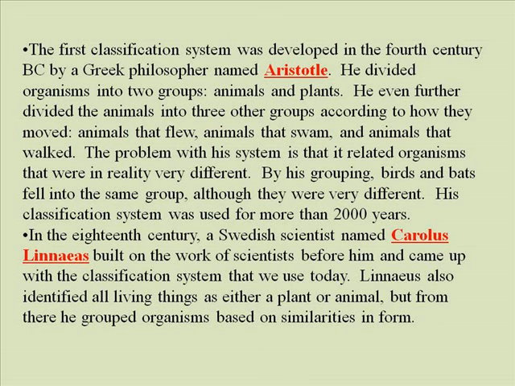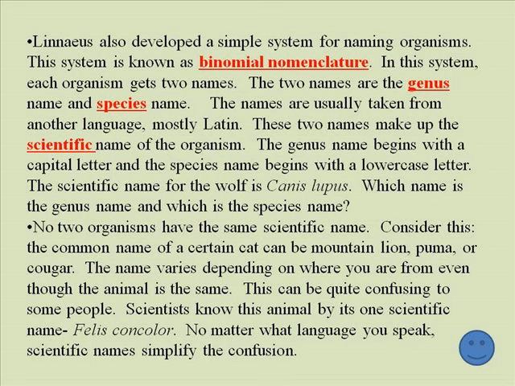In addition to coming up with the classification system, he also developed a way to name organisms. Now, the way that was being used at the time was everything had a common name. So if they saw a dog run in front of them, it was a dog. If they saw a skunk walk through the yard, it was a skunk.